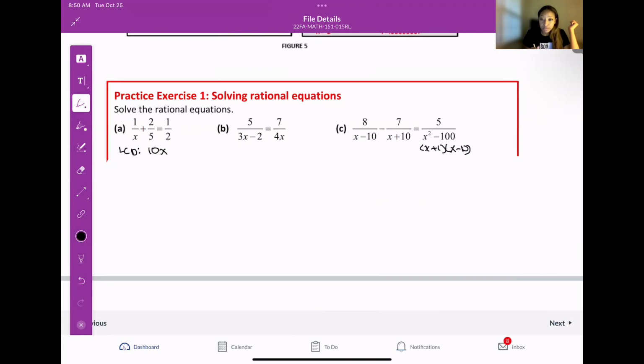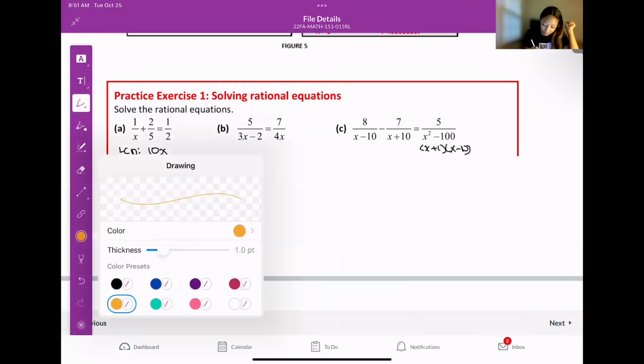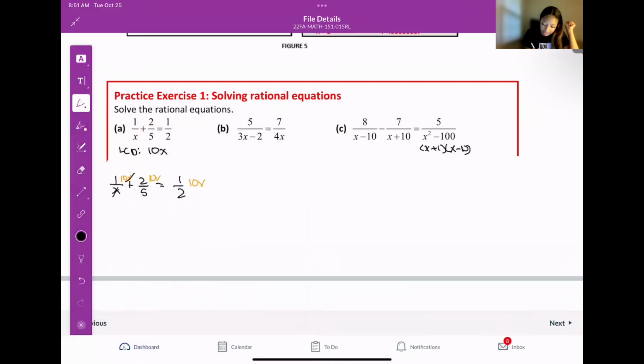We have 1 over x plus 2 over 5 equals 1/2. We look at those denominators, x, 5, and 2. We multiply them all together. We get 10x. That's our LCD. And then we want to take our equation and multiply everything by 10x. Then the x's cancel. We have 10.